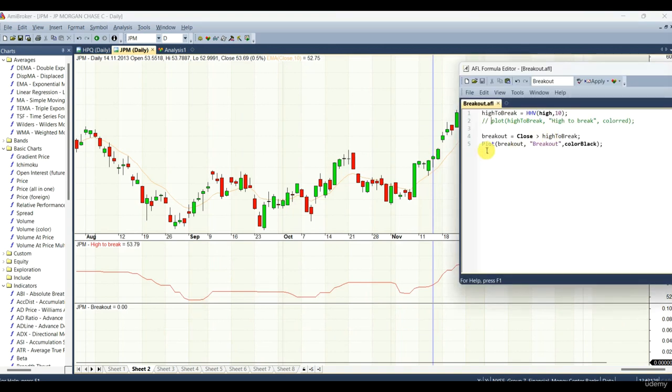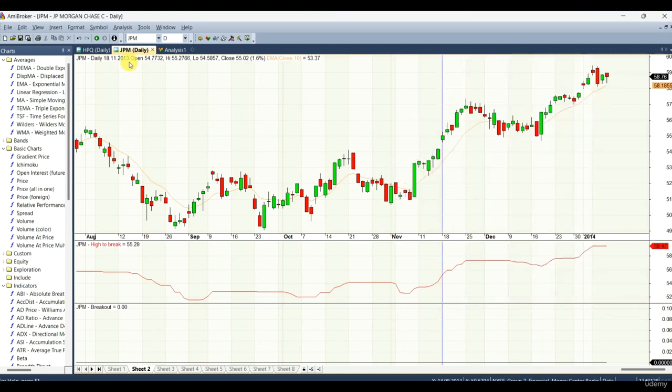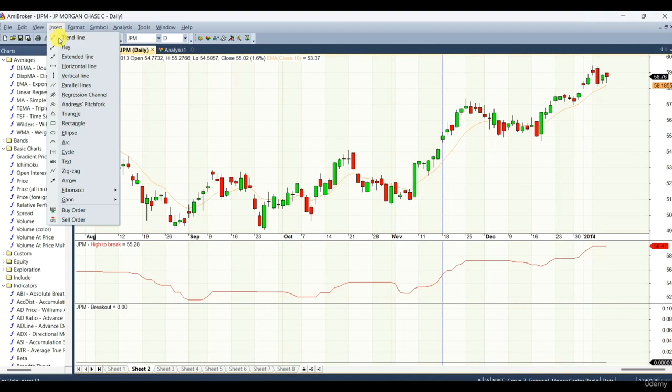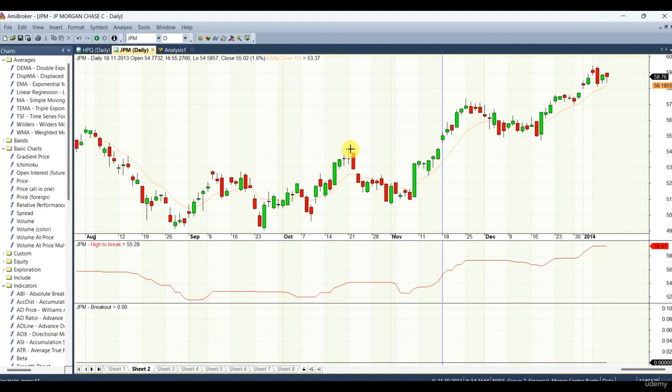So why is that? Let me explain it like this. I am interested in the highest high of 10 bars, including the current bar. 1, 2, 3, 4, 5, 6, 7, 8, 9, 10. And the highest high is of this current bar.